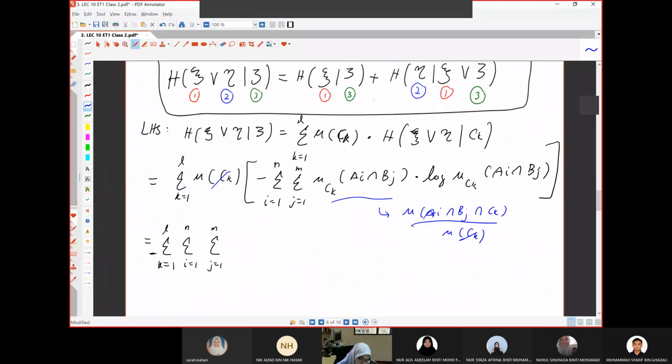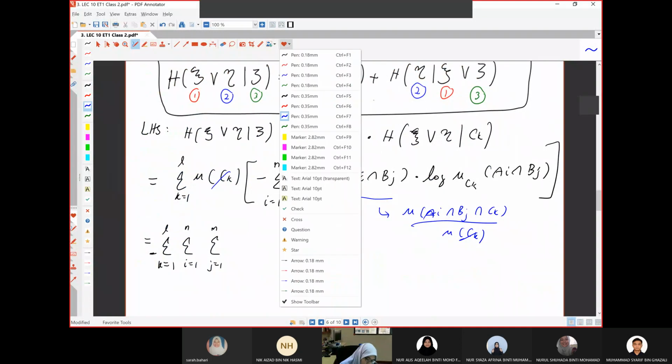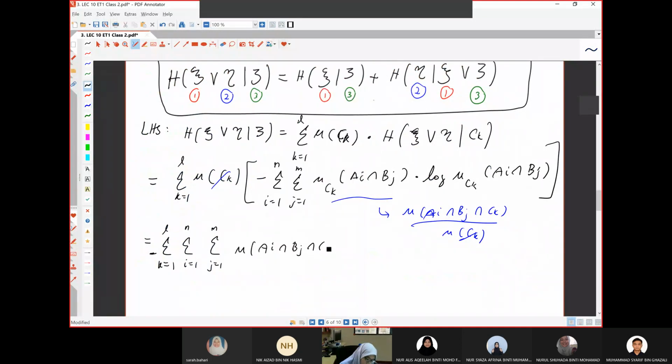Mu AI intersect BJ intersect CK. Okay, you still got 3. So you will have mu of AI intersect BJ intersect CK multiplied with the log of, so again you have mu CK and this mu.